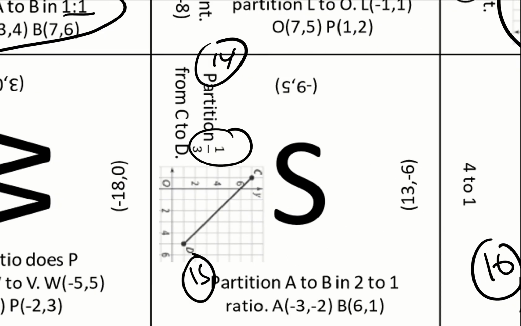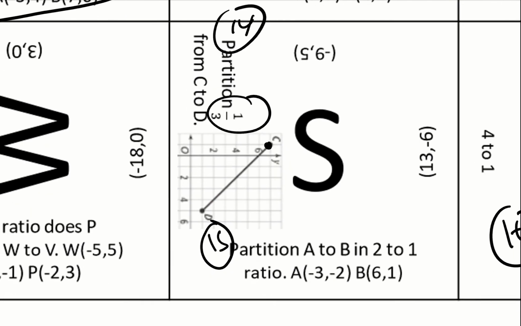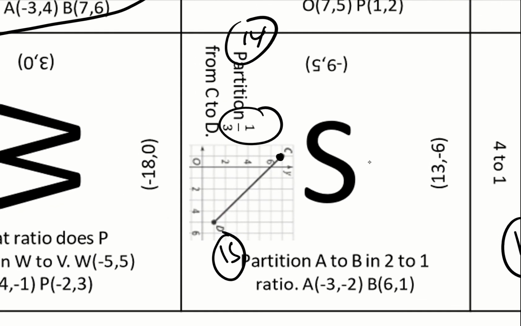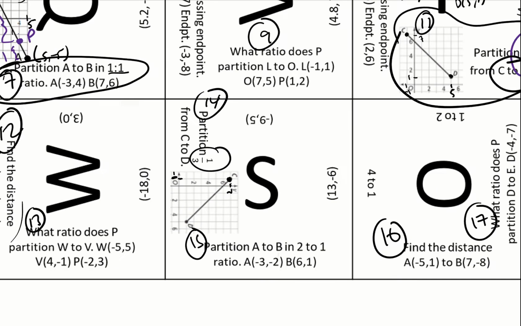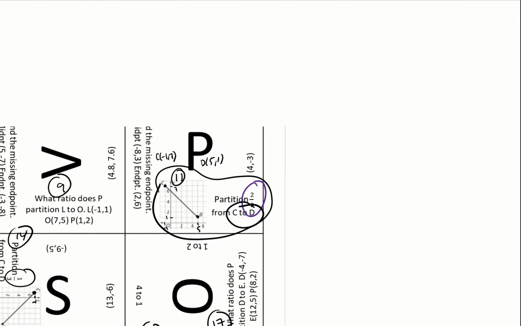14, partition 1/3 from C to D. Let's write down the coordinates for C. It's kind of sideways, but let's do the best we can. This is a value of negative 1, and this is a value of 7. So C is negative 1, 7.